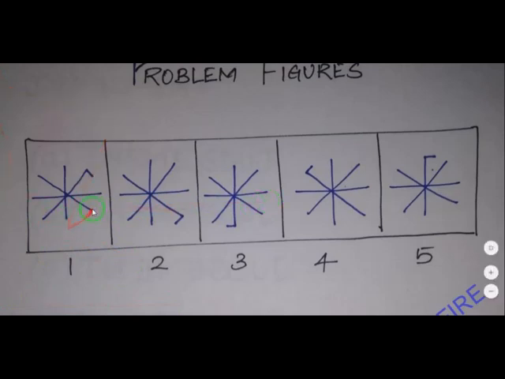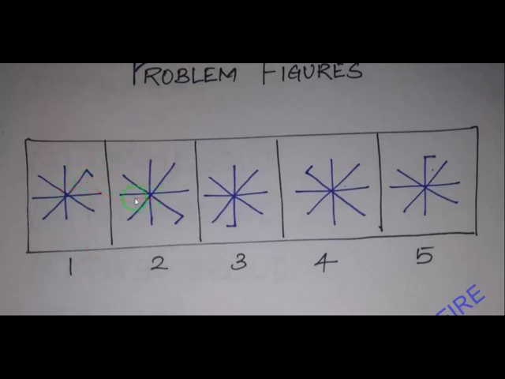Okay, for this question, here is the difference between the other lines. We consider the angle as a line here. So for angles we assume that angles are lines. Here is the difference between the other lines. So we take this as the first figure.